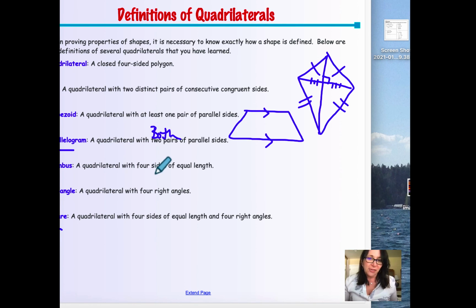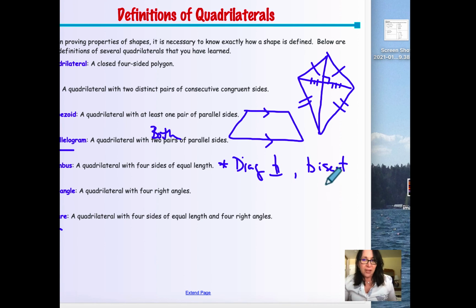And so a rhombus is a quadrilateral that has 4 equal sides. It also has, if you recall, 4 congruent sides. It has diagonals, which makes it super cool, that are perpendicular. Also, the diagonals bisect the opposite angles. So that's important to know.